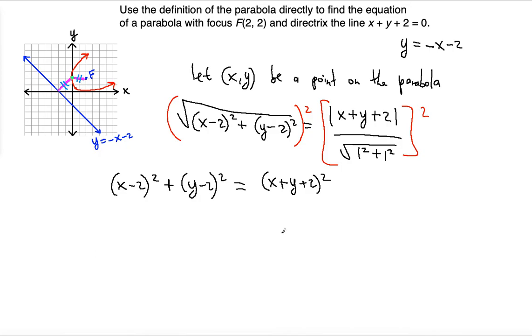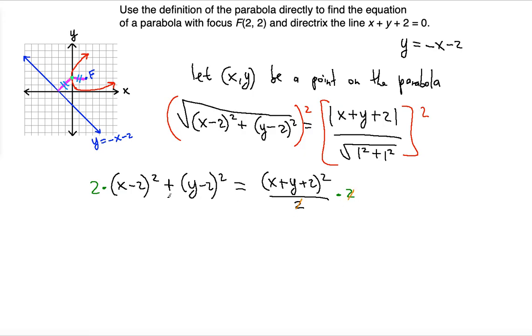The absolute value makes sure it's non-negative, and squaring still gives you a positive. And squaring the square root gets rid of the square root. 1 squared plus 1 squared is 1 plus 1, which is 2. Multiplying both sides by 2 will eliminate the 2 in the fraction, so the fraction will not be there anymore.